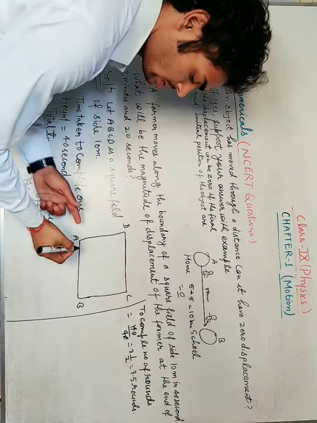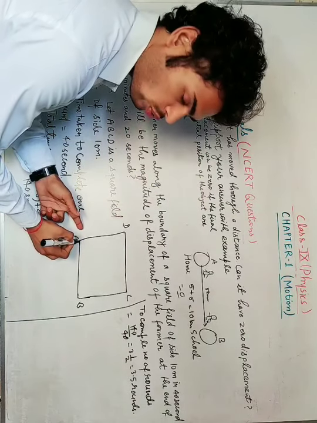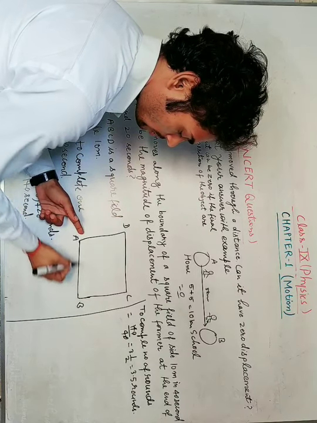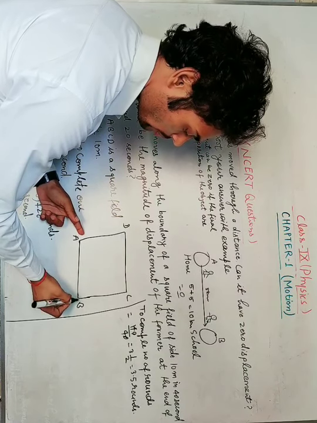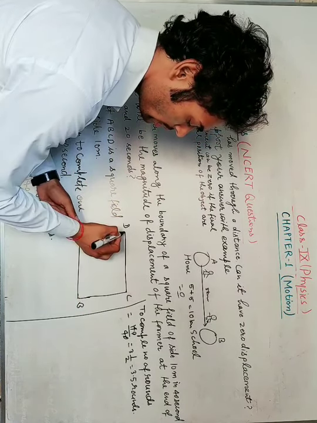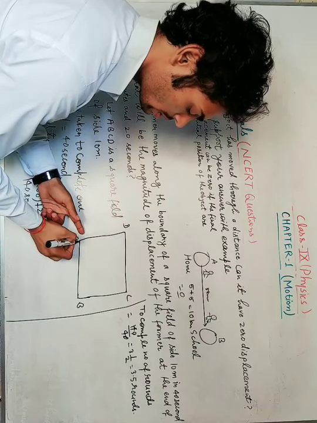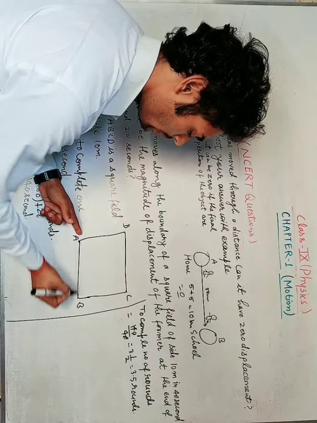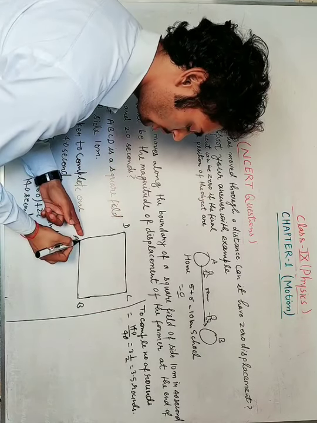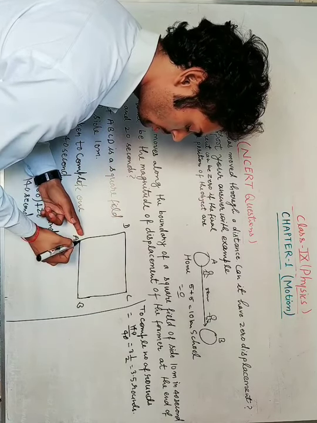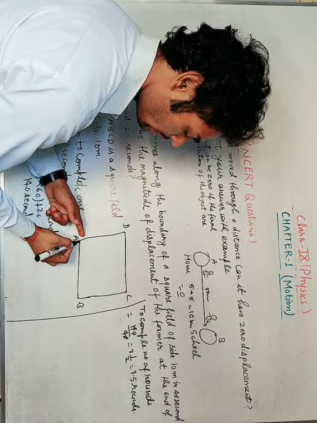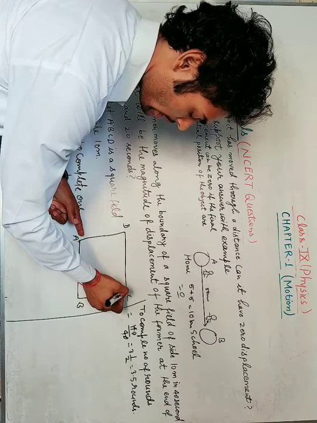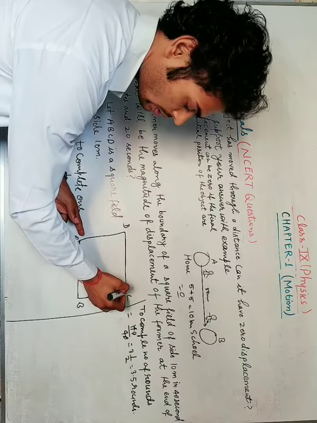The farmer starts moving from point A, goes to point B, B to point C, C to point D and D to point A. It completes one round, and from A, B, C, D 2 rounds, and A, B, C, D 3 rounds, and lastly A, B, C. So here at point C it finished its rounds.